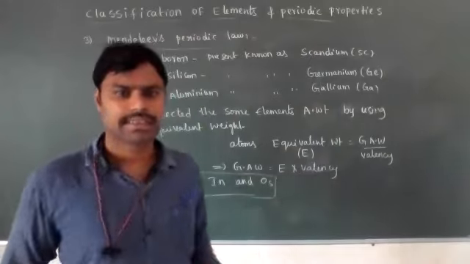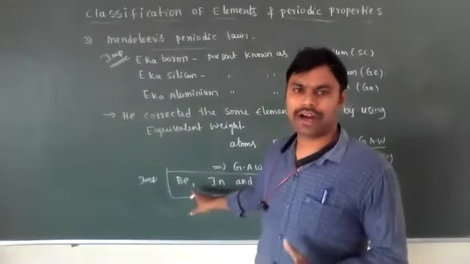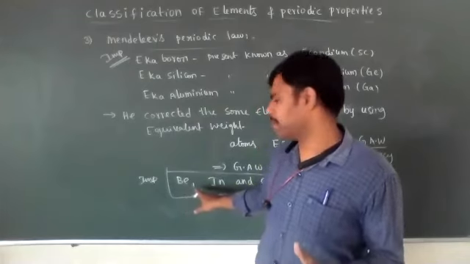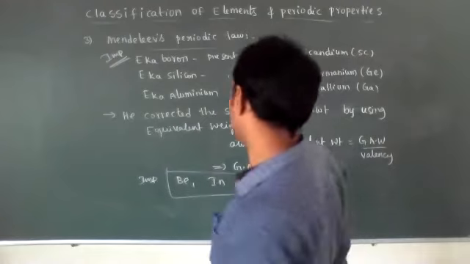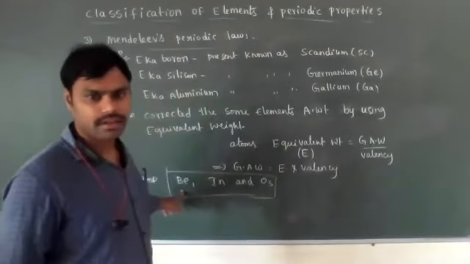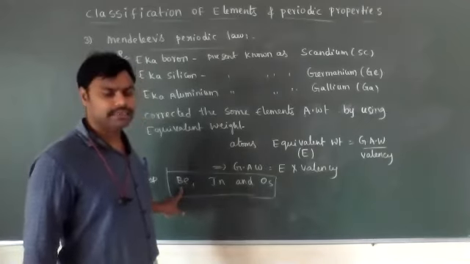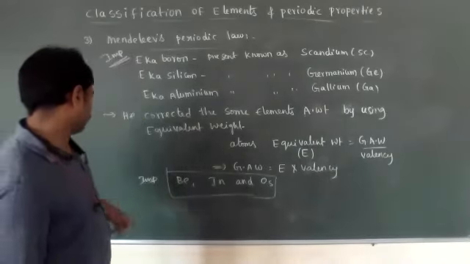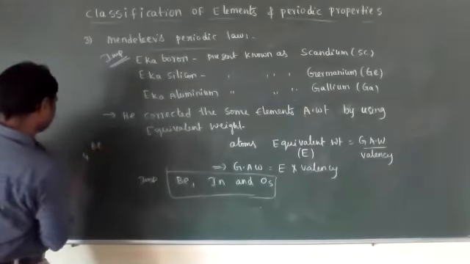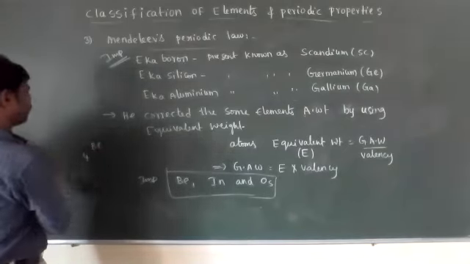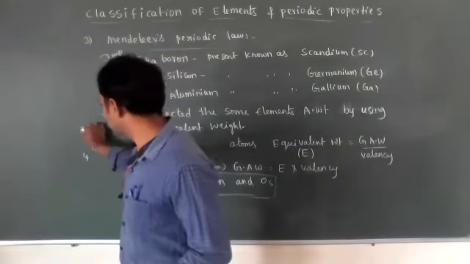See, earlier everyone thought the atomic weight of beryllium was 8. What is the atomic weight of beryllium now? Be 9. Beryllium's atomic number is 4 and atomic mass is 9. Everybody was thinking 8, but it is 9.